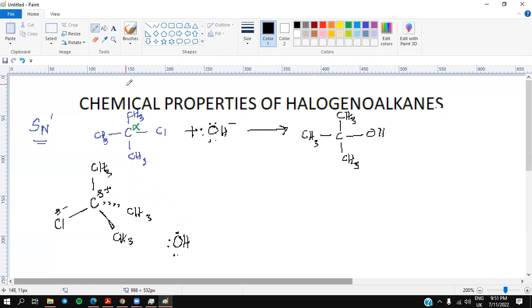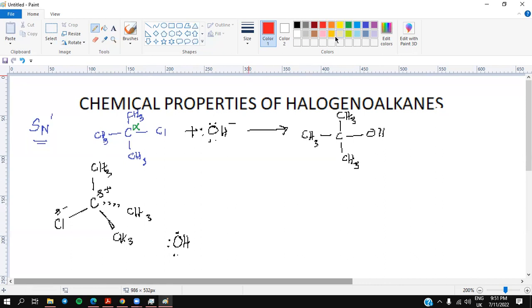How is this happening? It happens in this manner. If OH has to come in, chlorine has to go out. There's another mechanism for this halogenoalkane to remove chlorine before OH negative comes in. It is because of positive inductive effect.